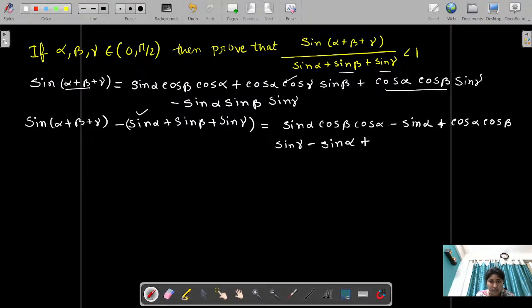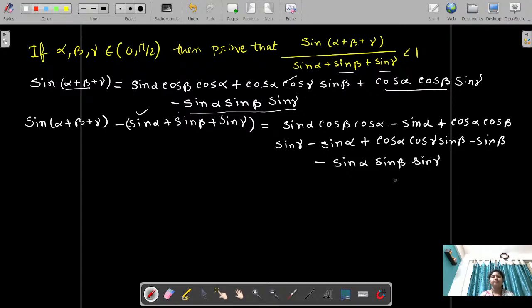Plus this term I missed: cos alpha cos gamma sine beta. So I will write now this term: cos alpha cos gamma sine beta minus sine beta. Now this term is left: minus sine alpha sine beta sine gamma.